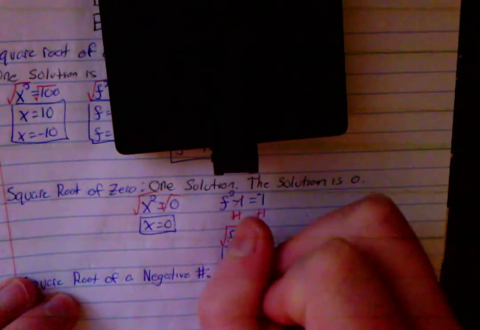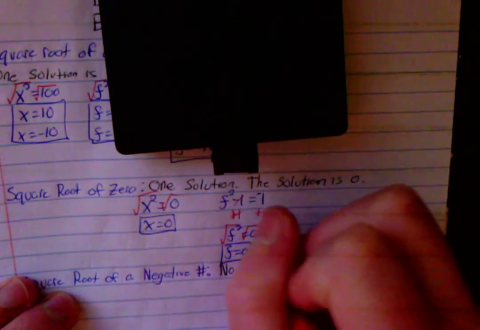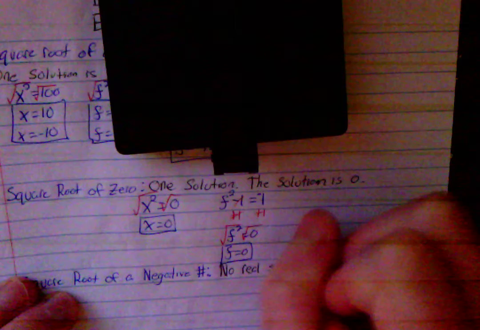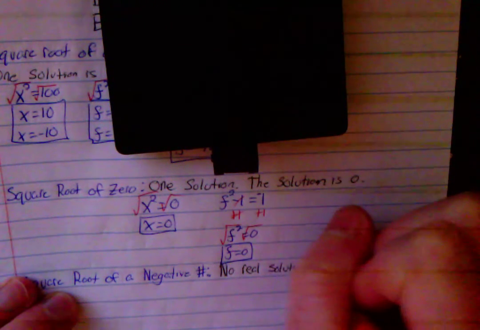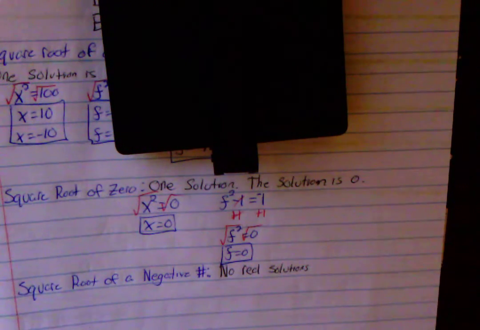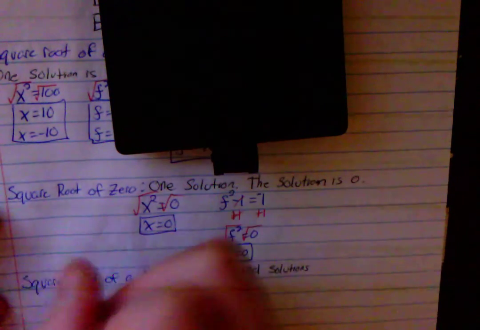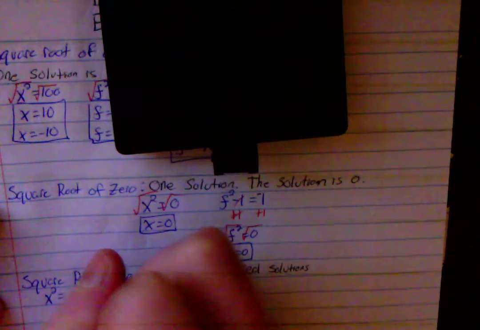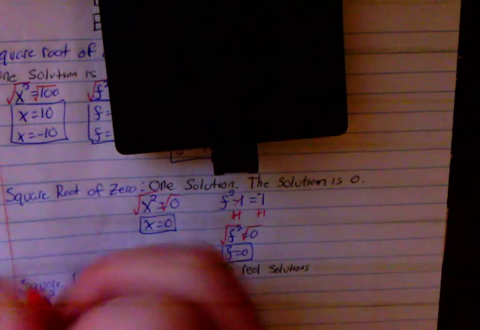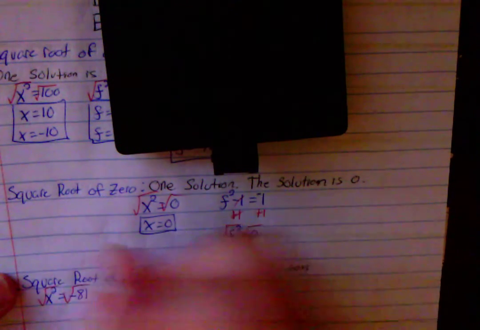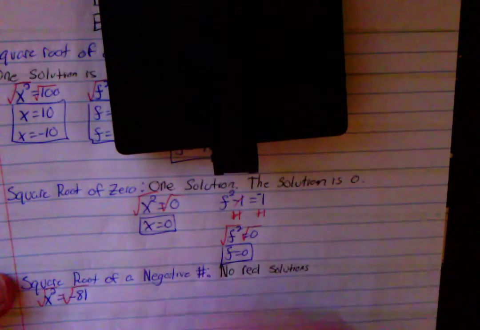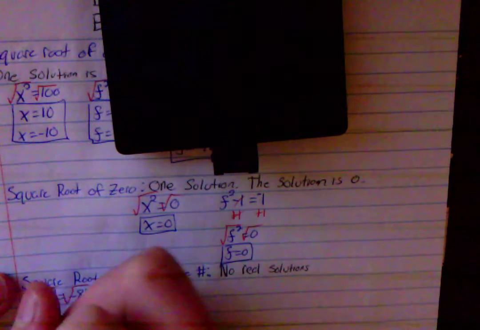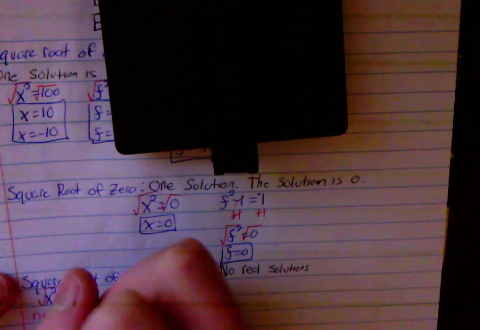And that would be no real solutions. So if you had something like x squared equals negative 81, you could take the square root, and for this IXL, we have no real solutions. So there would be no solution.